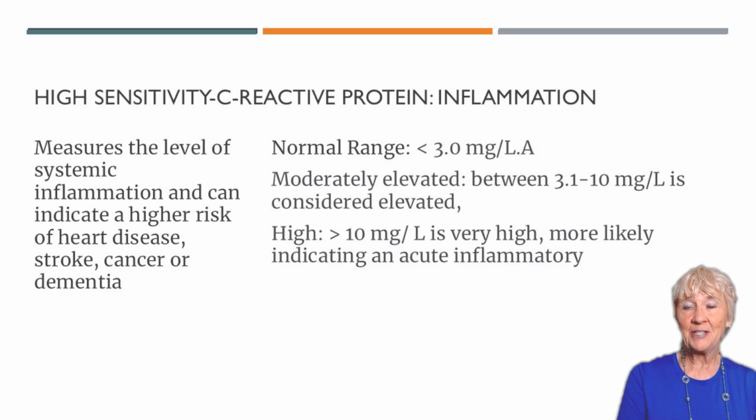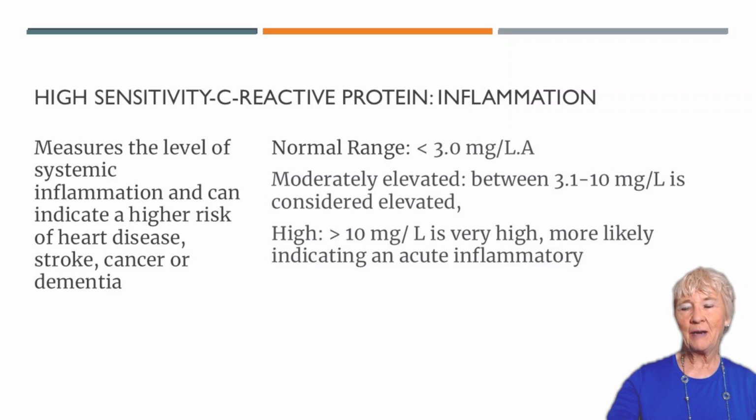Normal ranges of HSCRP are below 3.0. I actually like to see CRP down around the 1.0 range. Moderately elevated is between 3.1 and 10, and anything over 10 milligrams per liter is very high and more likely indicating some sort of inflammatory event going on.